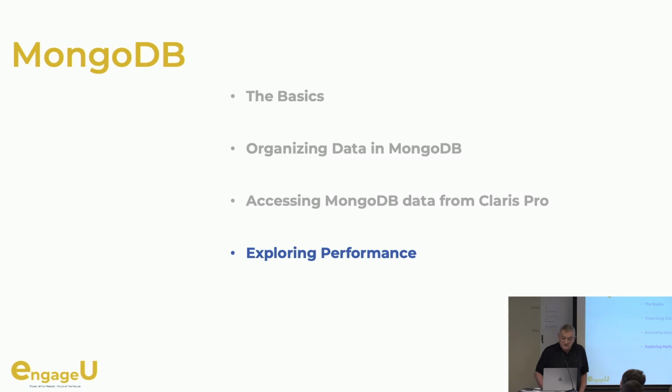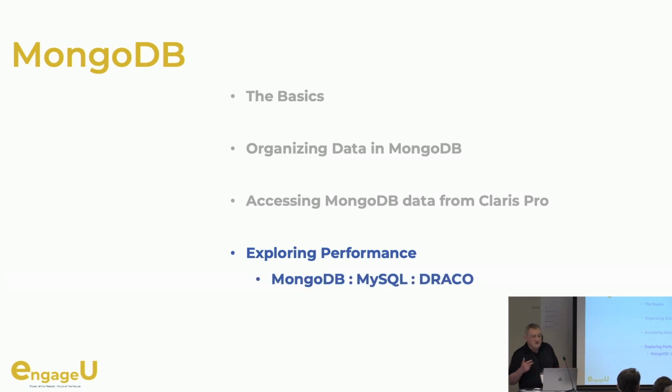Then we're going to look at performance. How does a basic database administration task function with a MongoDB backend, with a MySQL backend using ESS, and via Draco? I was going to try and do the same thing using the same table structure stored in Claris Studio tables, but I decided not to do that for reasons I'll explain at the time.